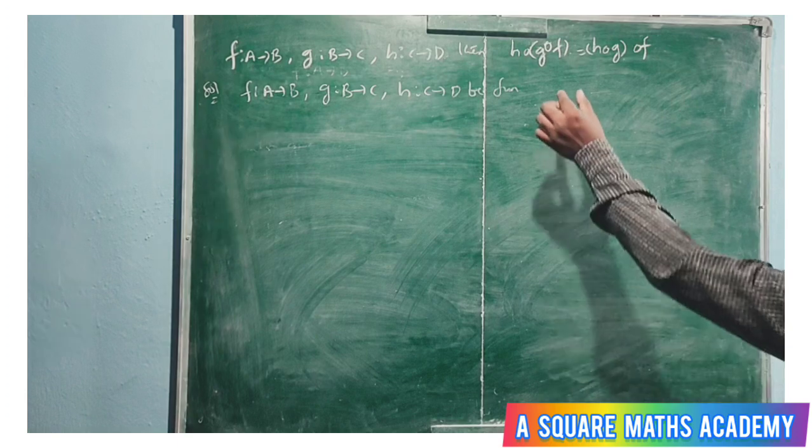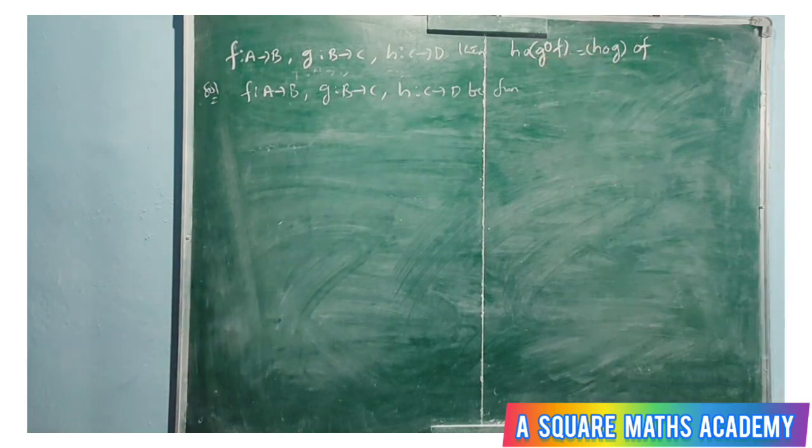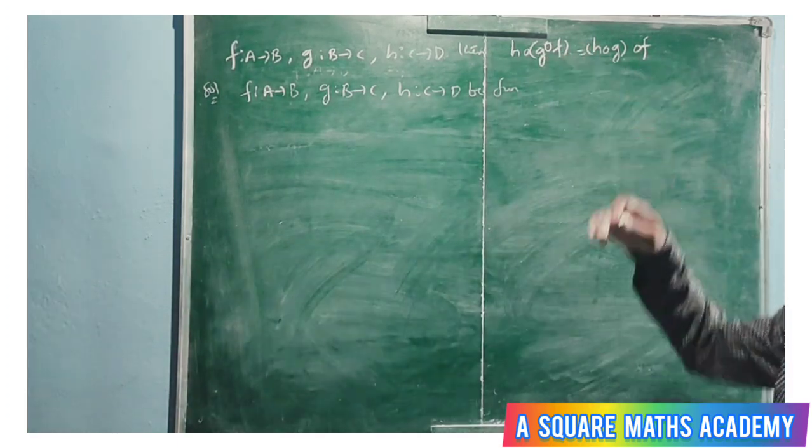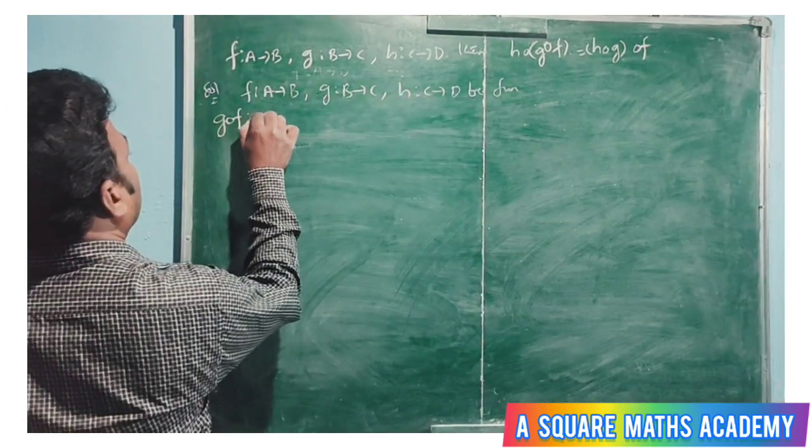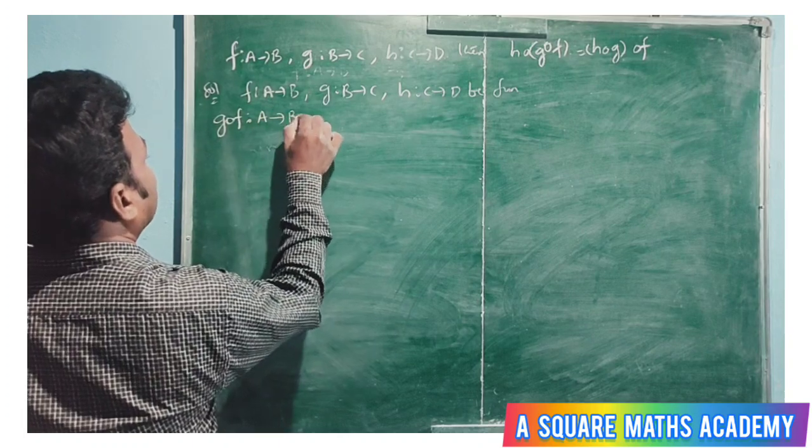First we take the combination G circle F, and after that the combination H circle G. So G circle F is a mapping from A to B we get here. Why?